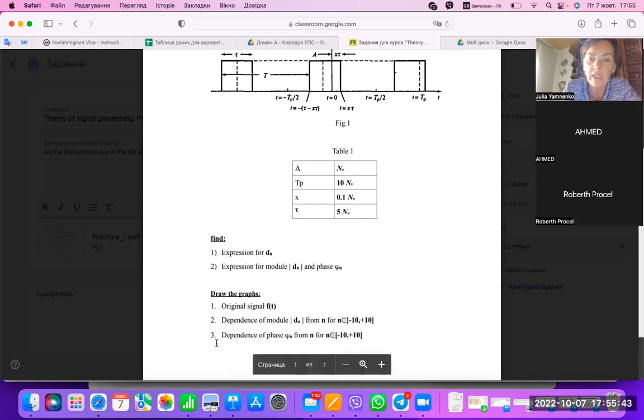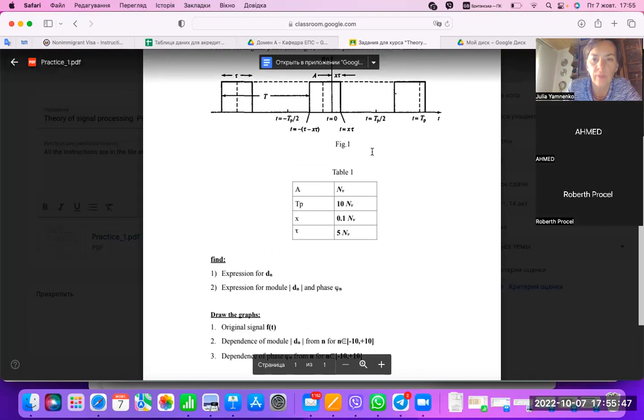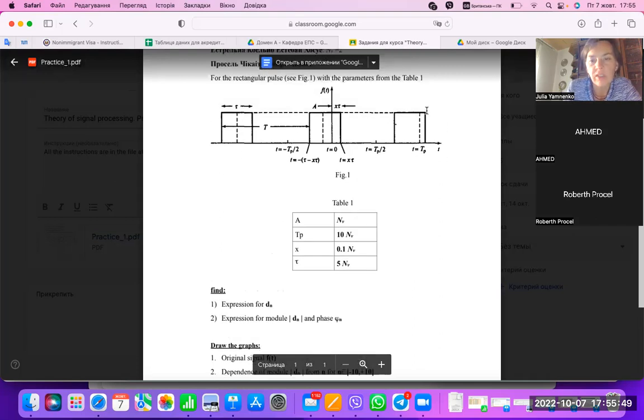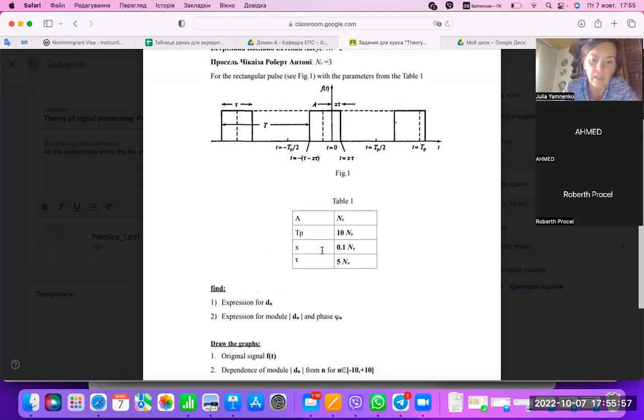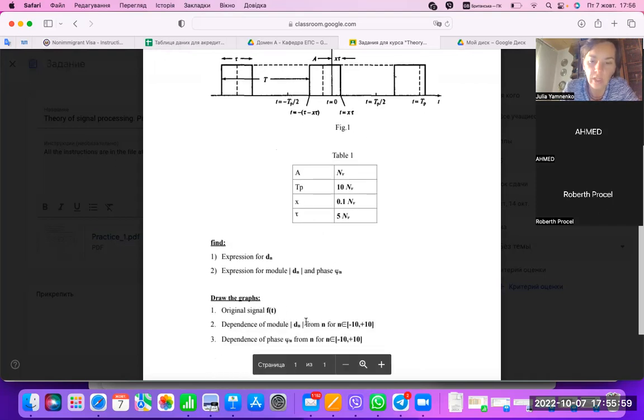And then to draw the graph, like Robert asked, how to do it. So there are totally 3 graphs. First graph is the original signal. You should build something like here. This is the original signal. You should build it with your parameters, so it will be your own graph. Second one is the dependence of the modulus dn on the value n. And you should change n in the range from -10 till +10.